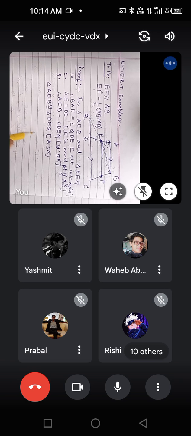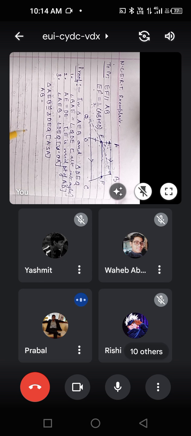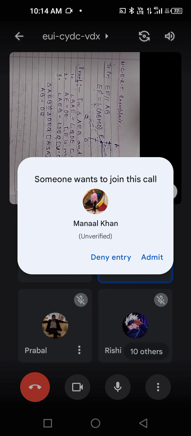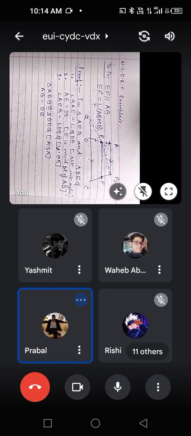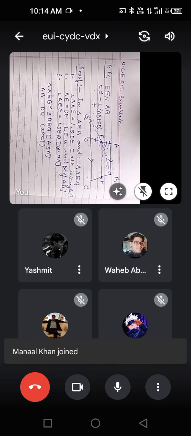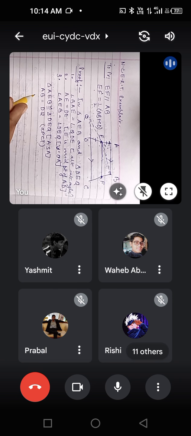Okay. Now, if both these triangles are congruent by this condition, so what you will have here, that AB is equal to what? AB will be equal to which side? DQ. Good. What's the reason for this? CPCT. Correct. CPCT. Again, you see, AE is equal to what?